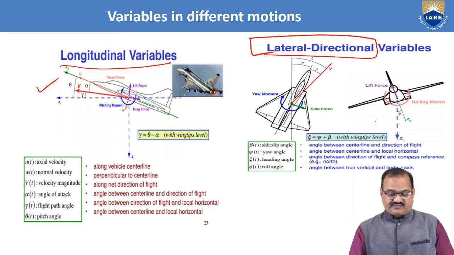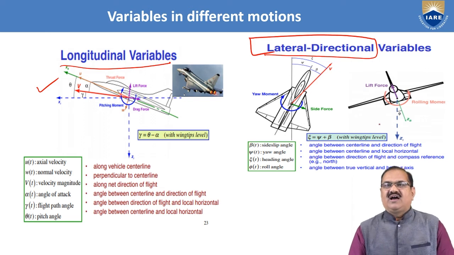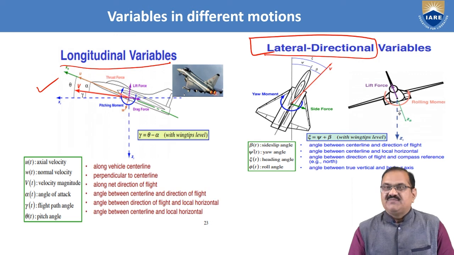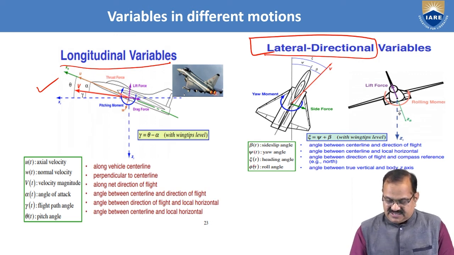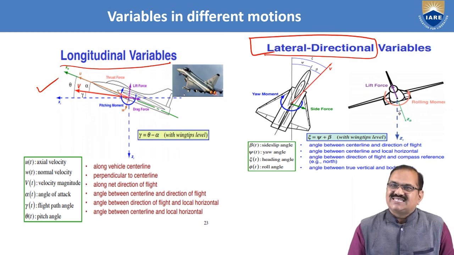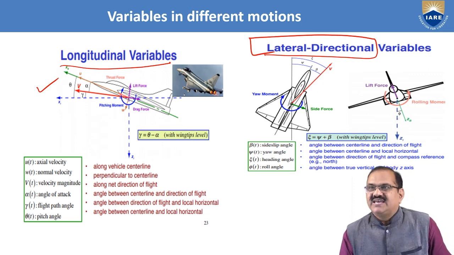In the longitudinal variables we have U, W, V, alpha, gamma and theta. But here we have beta. Beta is the side slip angle, psi is the yaw angle, zeta is the heading angle, and phi is the roll angle. If you see here, this is beta, the side slip angle, here this is zeta, and here phi is the roll angle.